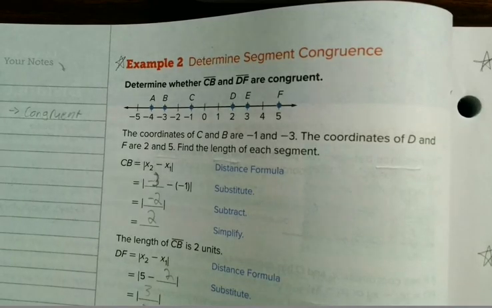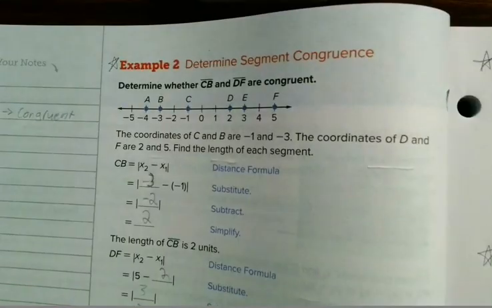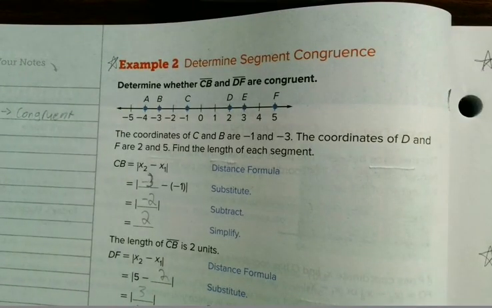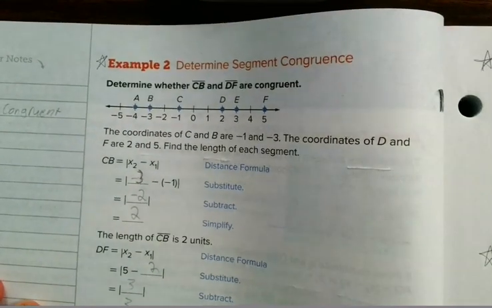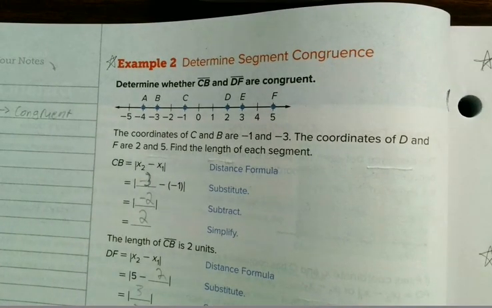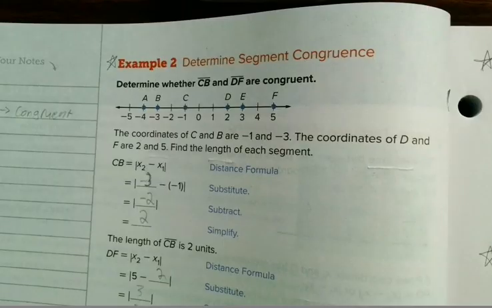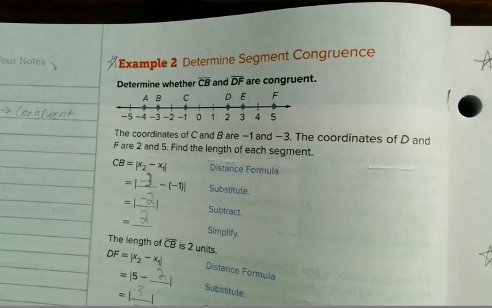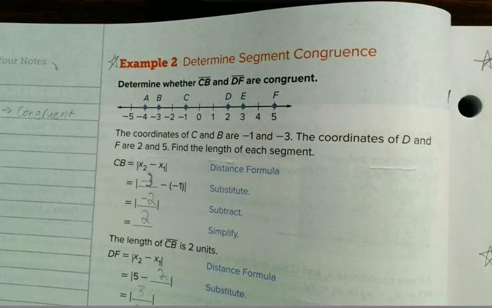No. And so that's what it says. Because those line segment lengths don't equal each other, the segments are not congruent. Okay? So, this kind of lets us play with that new word of congruent in the context of geometry. So what questions do you have about determining segment congruence?